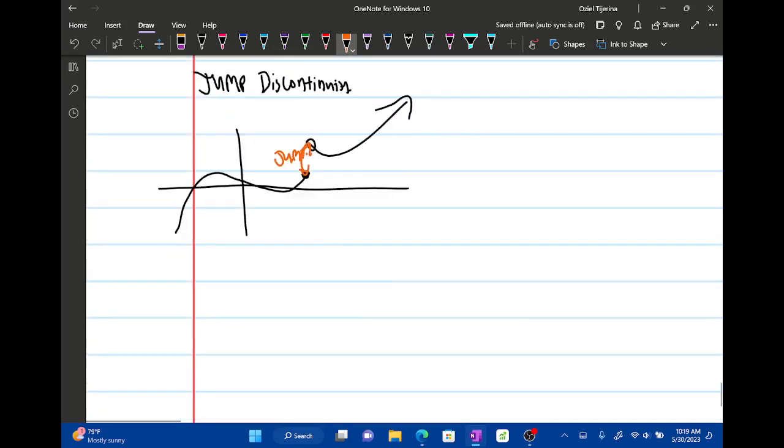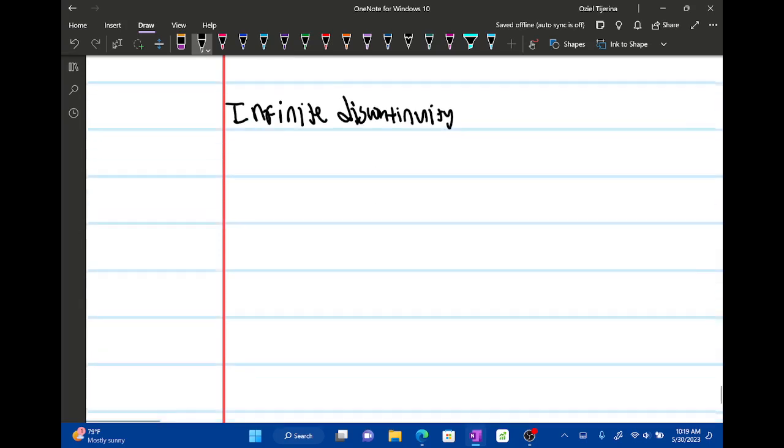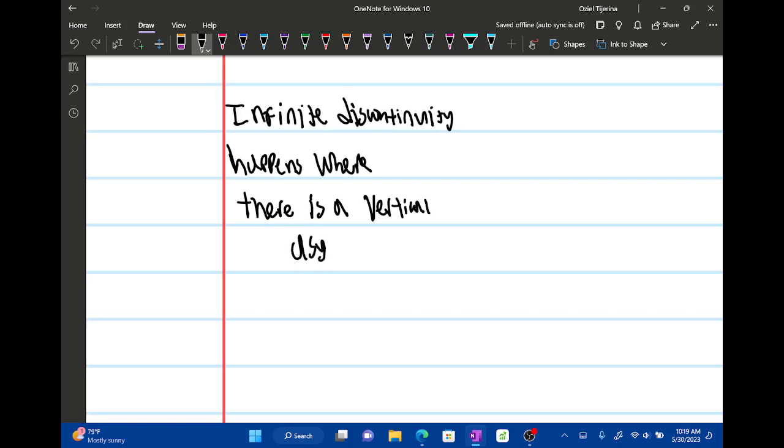Like I said, infinite discontinuity happens wherever we have some kind of curve and there is a vertical asymptote at x equals a, some number a.